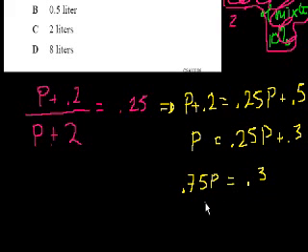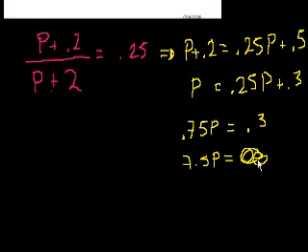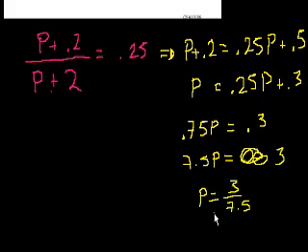Okay. And then you get P. The decimals sometimes get confusing, so let's multiply both sides of this equation by 10. You get 7.5P is equal to 3. So P is equal to 3 over 7.5.